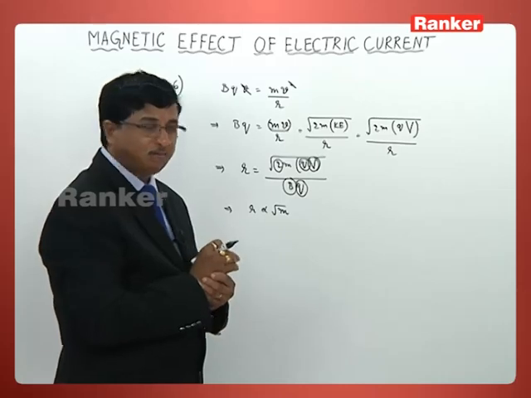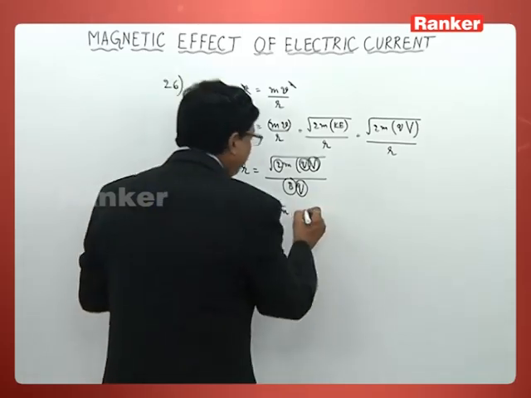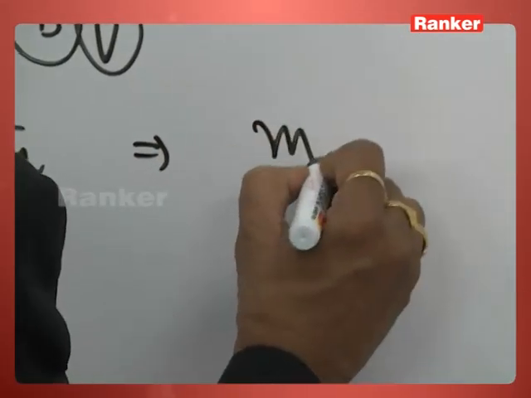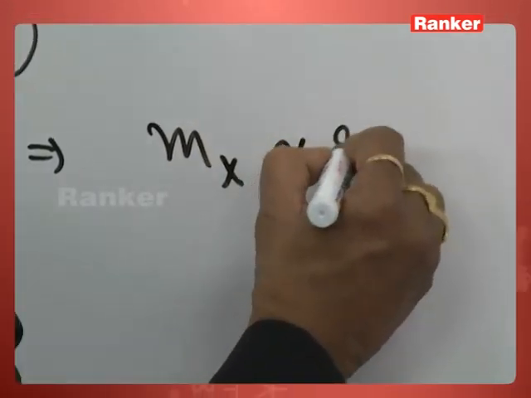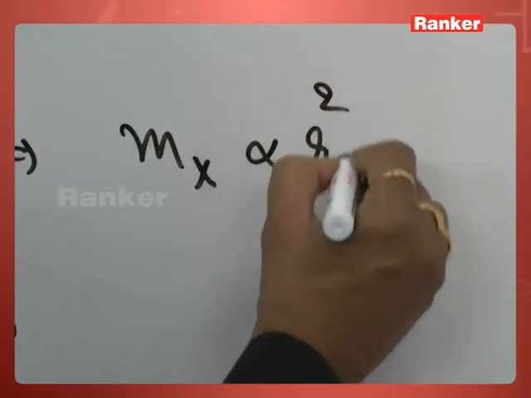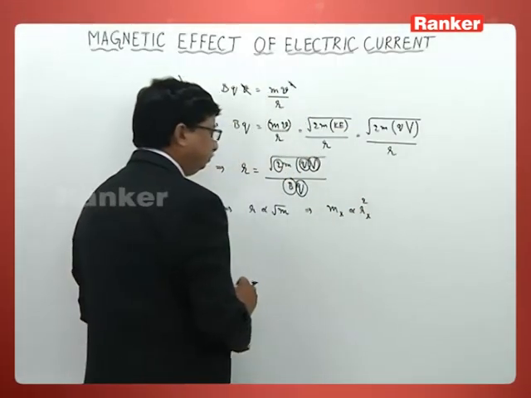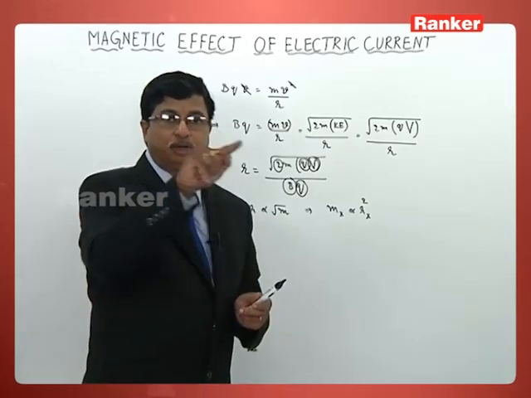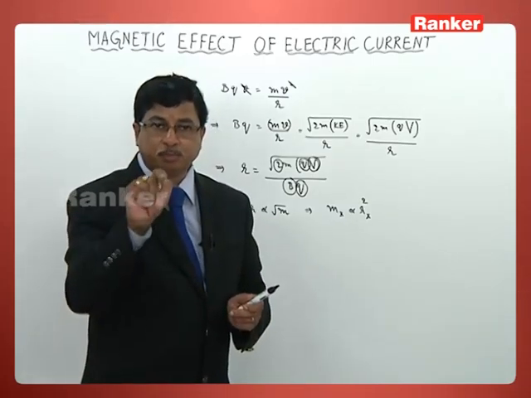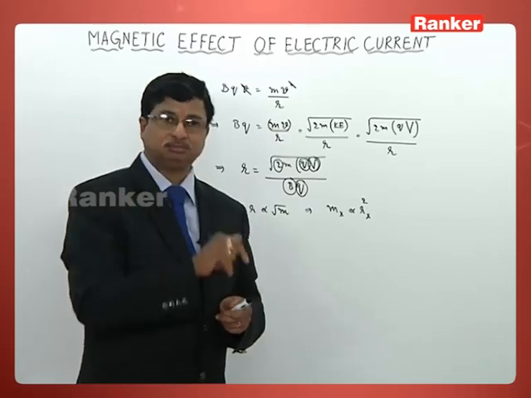Now the question is, what is the mass of the first particle, mx? Can't I write it is proportional to rx square? What is rx? The radius of the circular path traced by the first particle x.